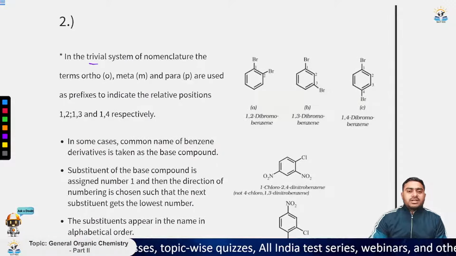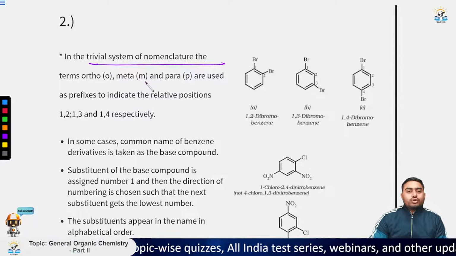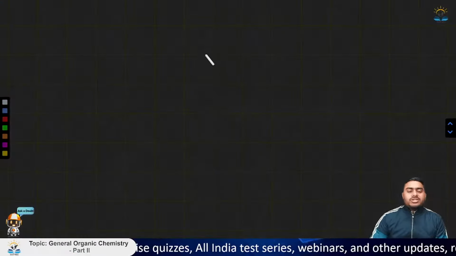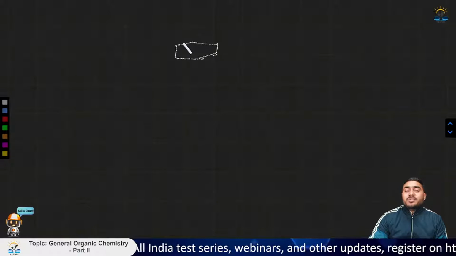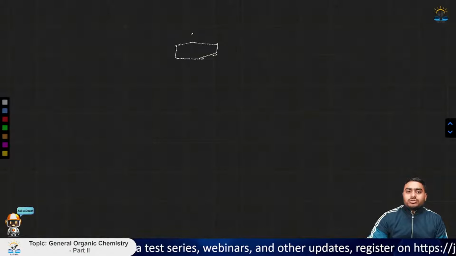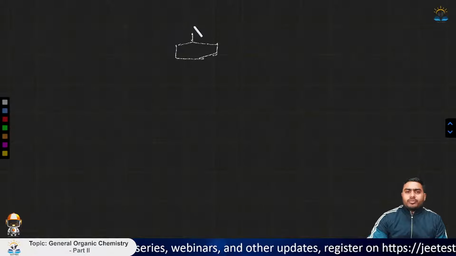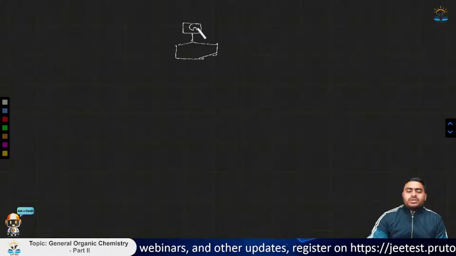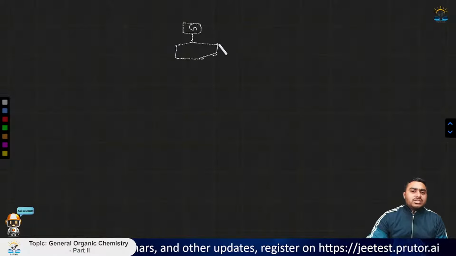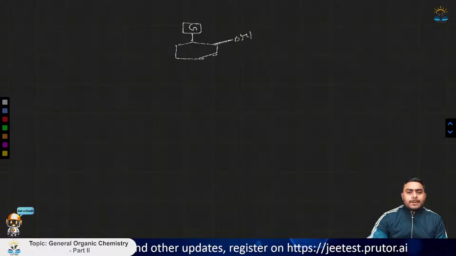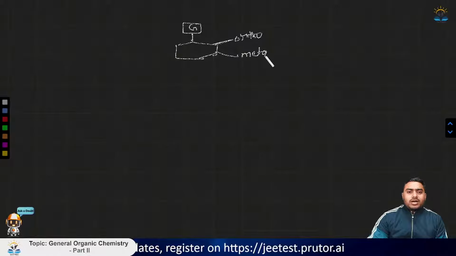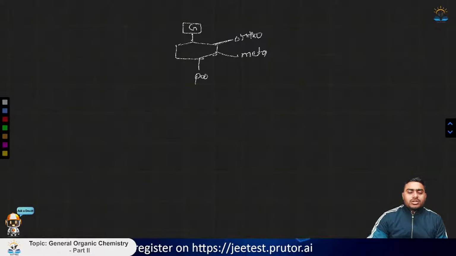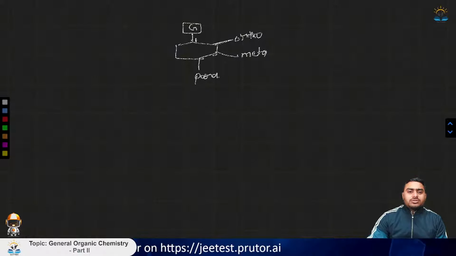Next, you can see in the trivial system of nomenclature, the terms ortho, meta and para are used. What is ortho, what is para, what is meta? Ortho, meta and para are respective positions. Suppose this benzene is attached to any group G. With respect to this G, this position is the ortho position, this position is the meta position and this position is the para position. That means this is 1, then this is 2.